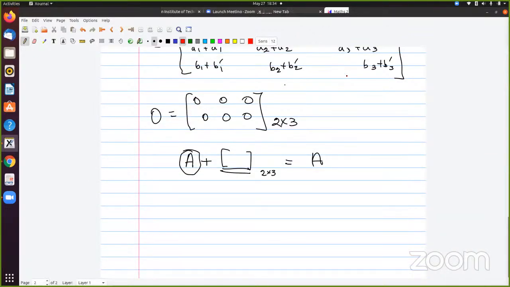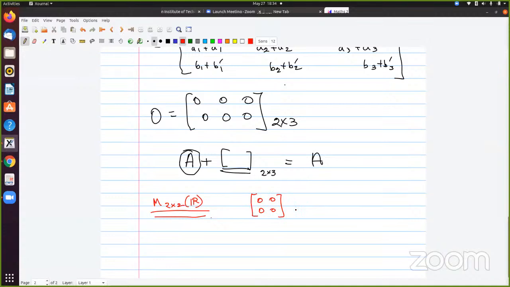Now, the other concepts we have discussed are also applicable here. Suppose I give you the 2 cross 2 matrices. This is a vector space, correct? Can you tell me what the zero element is here? Zero, zero, zero, zero.